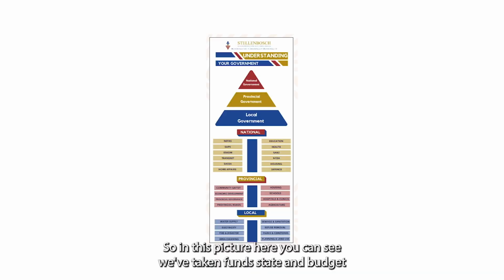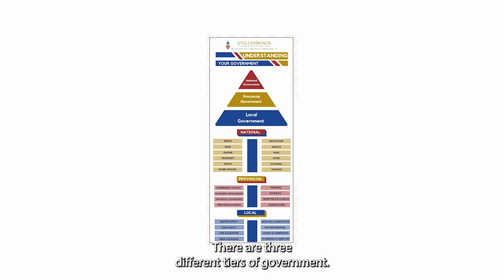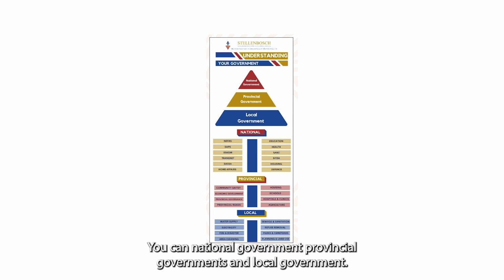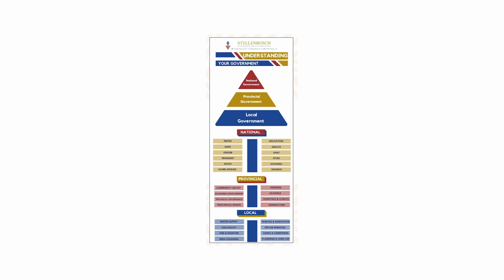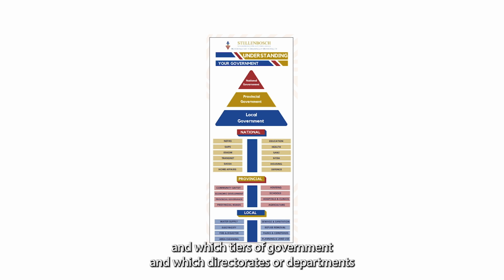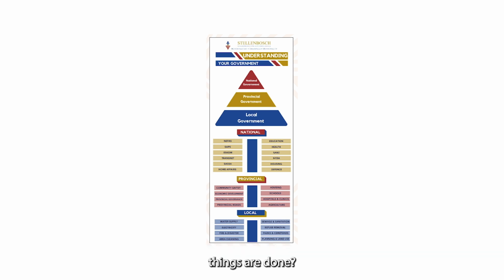In this picture, taken from Stellenbosch municipality, you can see there are three different tiers of government: national government, provincial government, and local government. You need to understand how these different structures work, and which tiers of government and which directorates or departments are accountable in your research domain and have the power to change the way things are done. Where do you need to target your efforts?